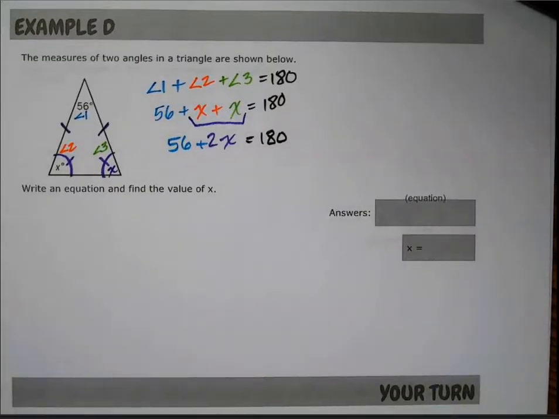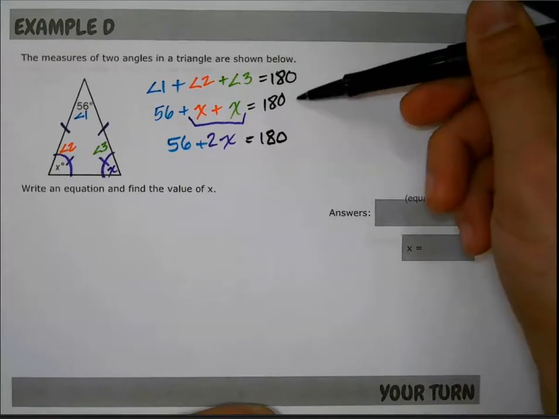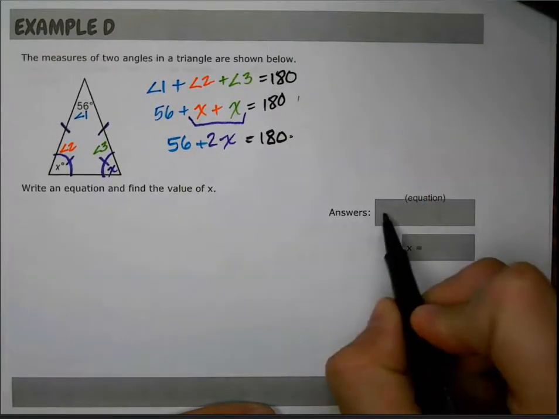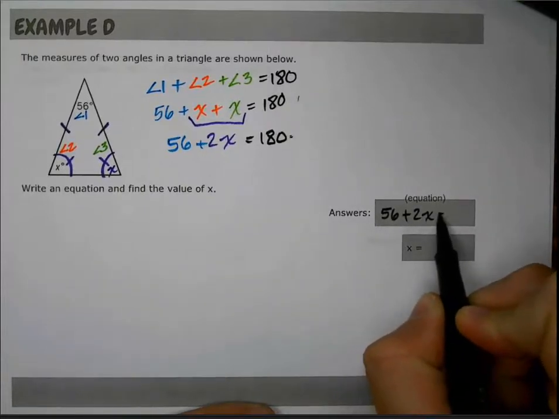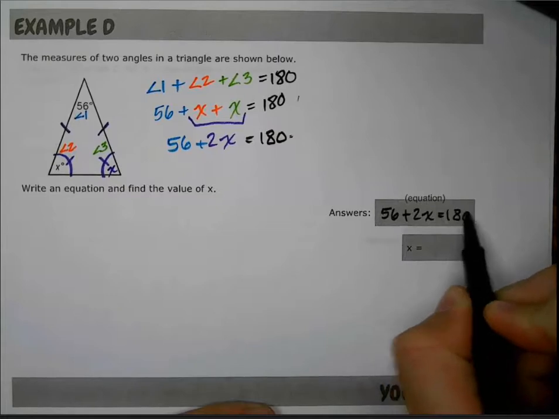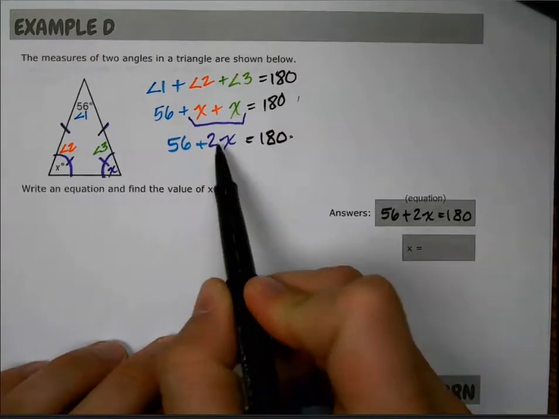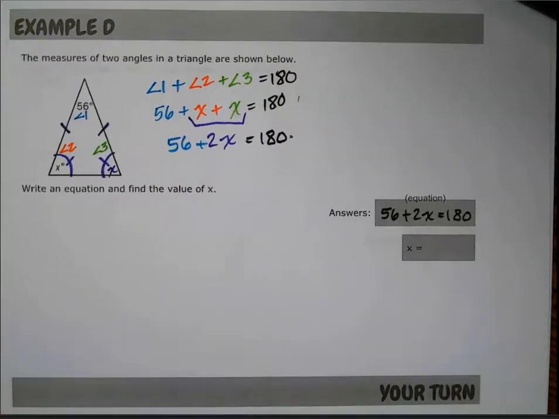Now, that is the better equation to write in here. Technically, either one of these would work, but this is the better one. So 56 plus 2x equals 180. And actually, it might be even better if you switch these two terms. If you had it 2x plus 56 equals 180, but that's not that important right now.